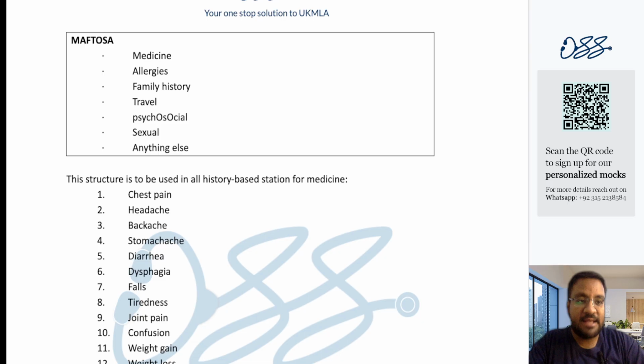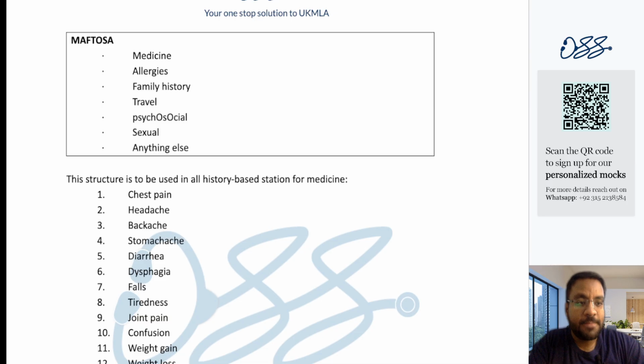MEFTOSA basically stands for: M stands for the medicines that you might be taking, A stands for allergies, F stands for family history, T stands for recent travel, O stands for the psychosocial. I'll tell you what to ask in the psychosocial, but just keep it in mind that O stands for psychosocial. Then S stands for the sexual history and A stands for anything else.